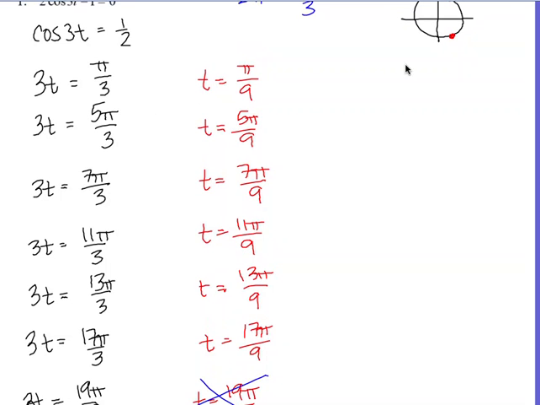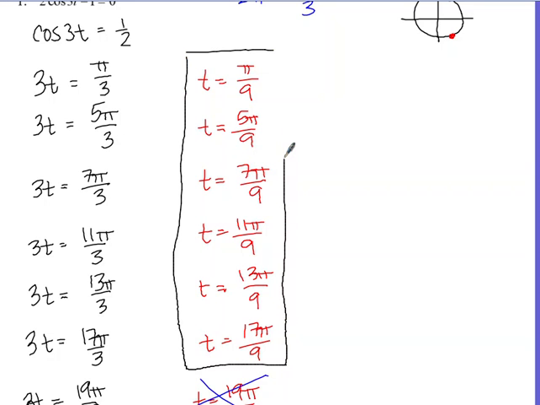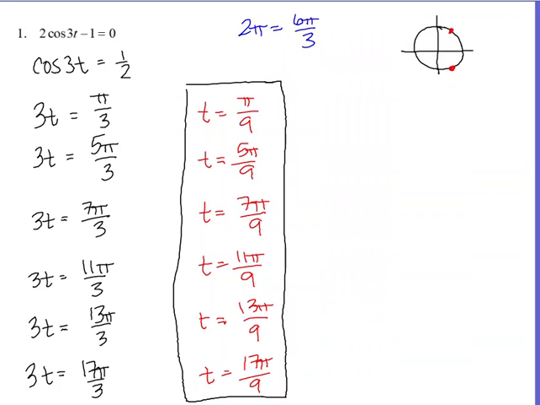So we just have these 6 solutions that are between 0 and 2 pi. Now, if you notice, we had cosine of 3t, and we had to go around the unit circle 3 times to find all of our solutions.